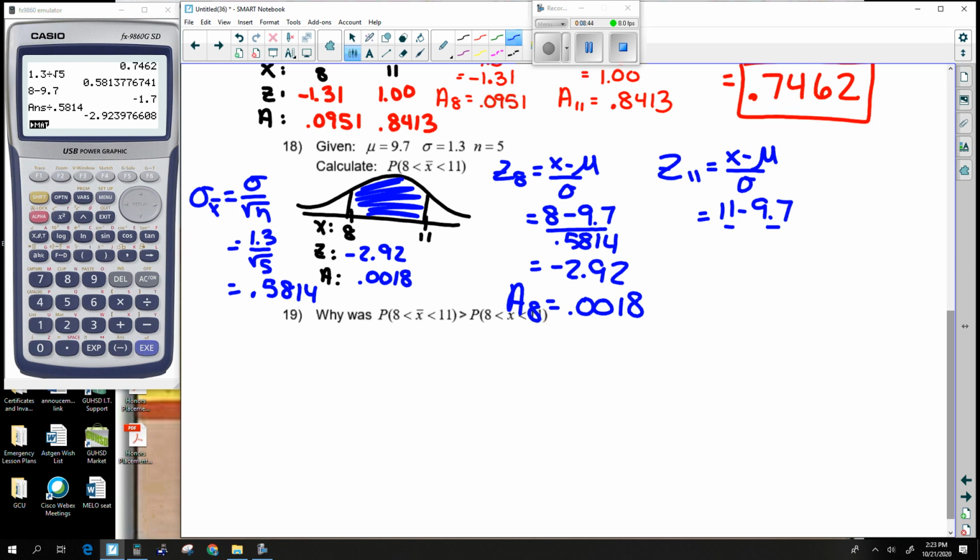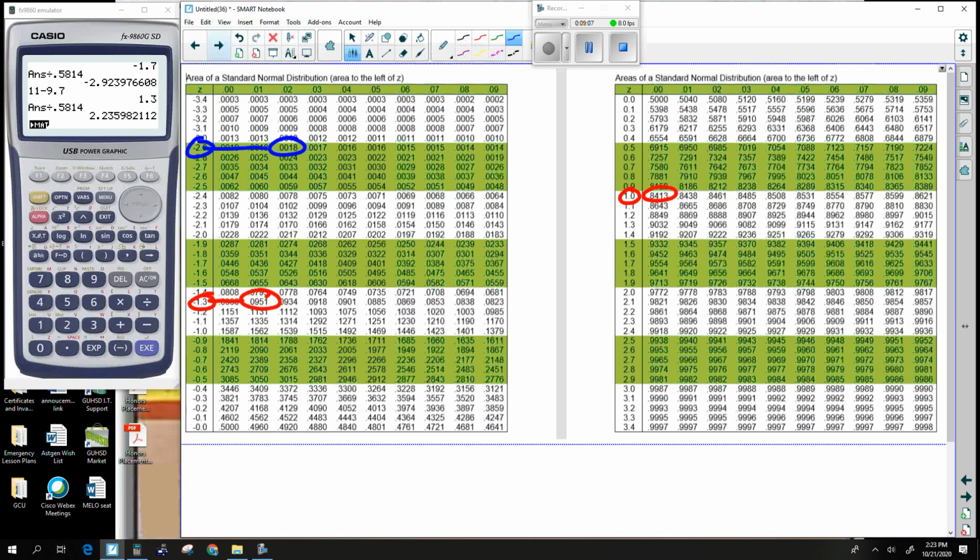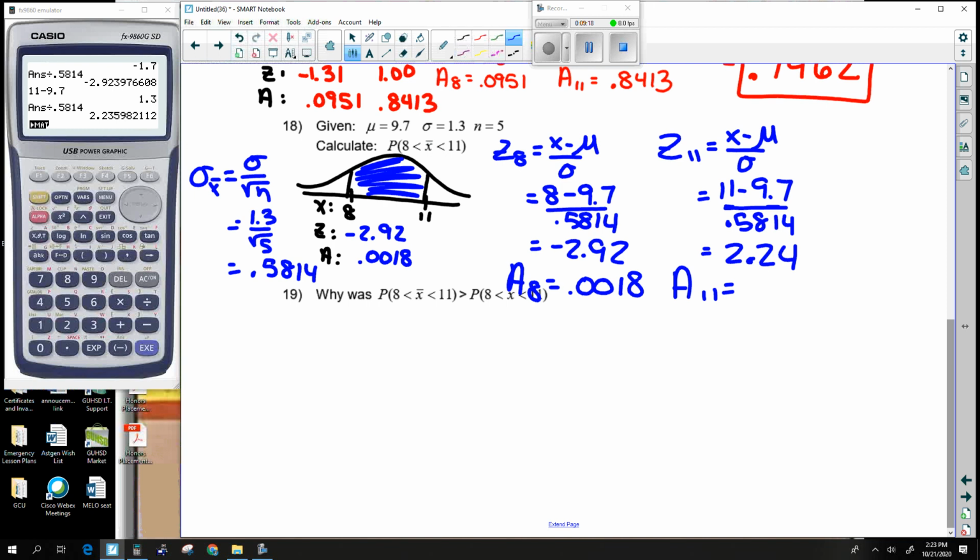New standard deviation. Okay, so I developed that new standard deviation, found the areas of each.